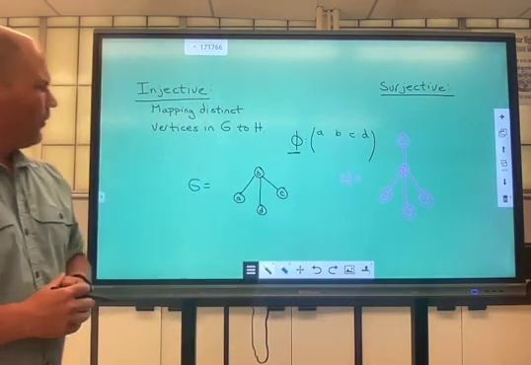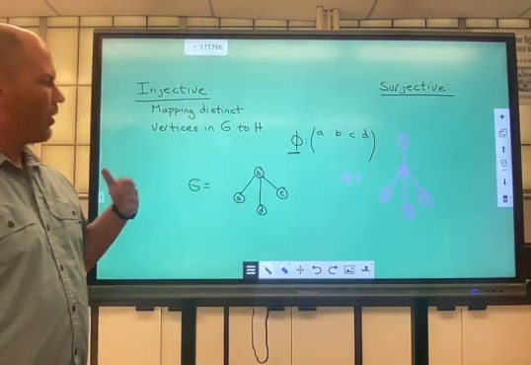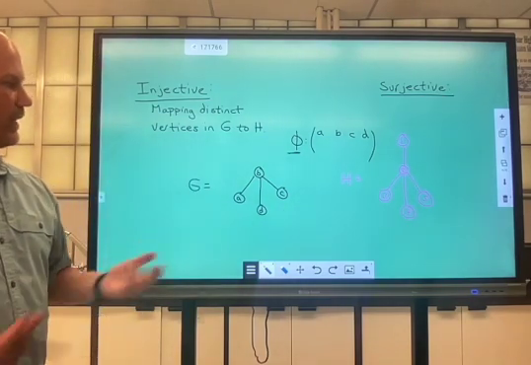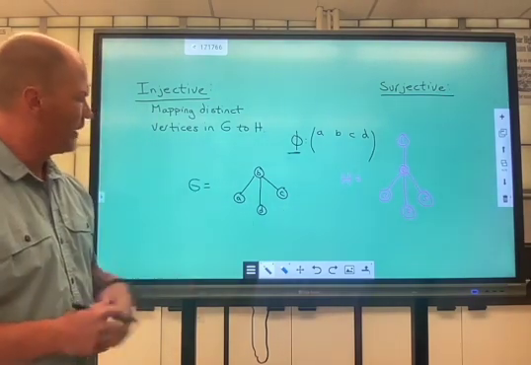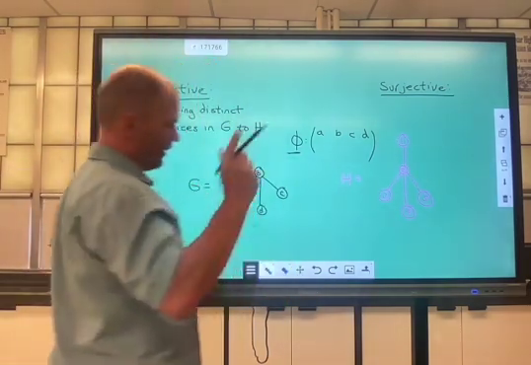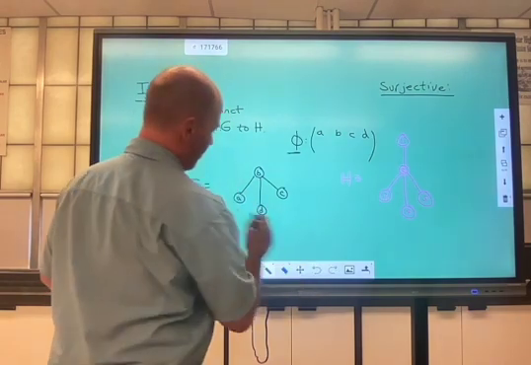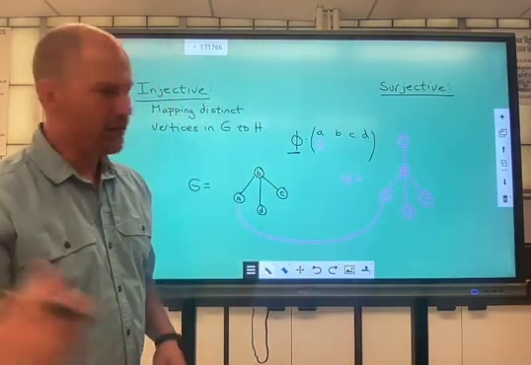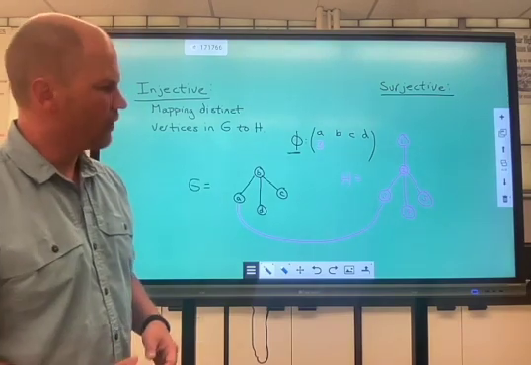So we're going to start mapping our vertices in G to our vertices in H, and we can kind of do this pretty quickly here. We can look at this and go, hey, A sure does look like 3, right? These are similar. If you were thinking, well, couldn't we map it to 4 or 5?